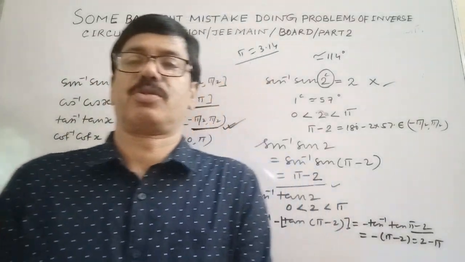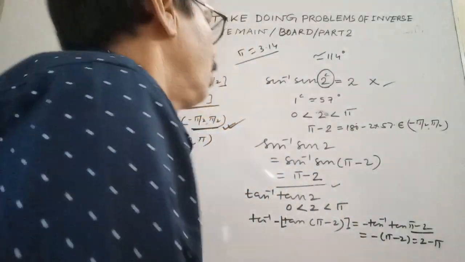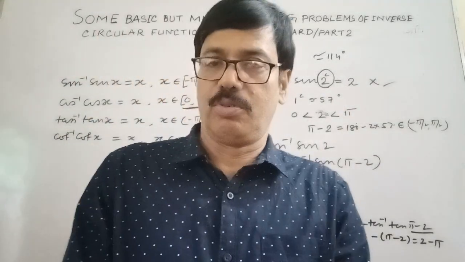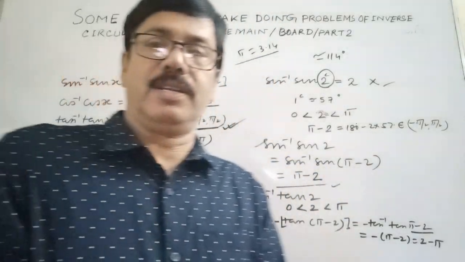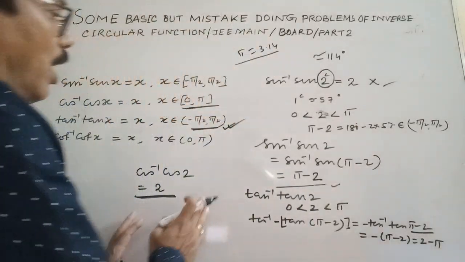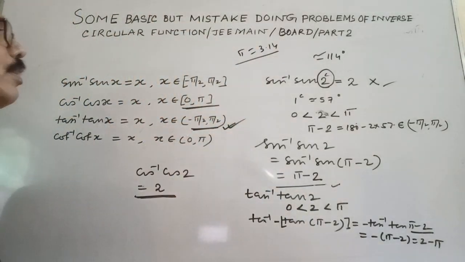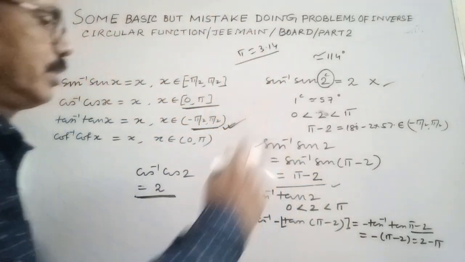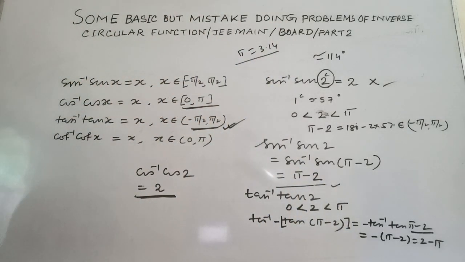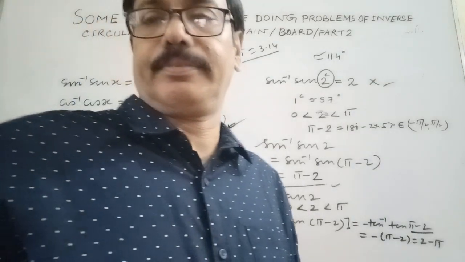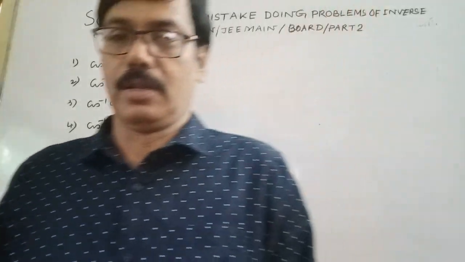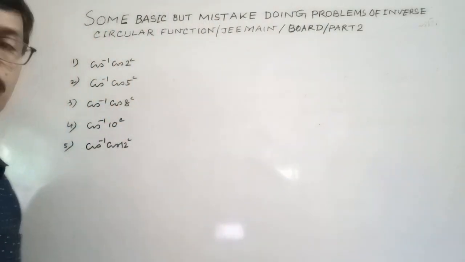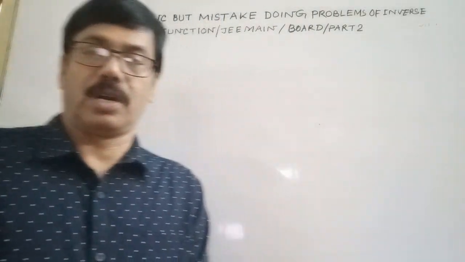You can use a shortcut rule to find principal values. So, now I am using the shortcut rule of finding the value of this type of problem. Now we use the shortcut rule.